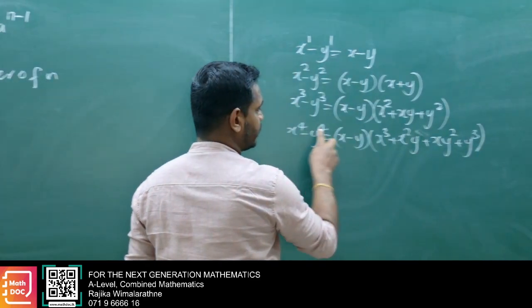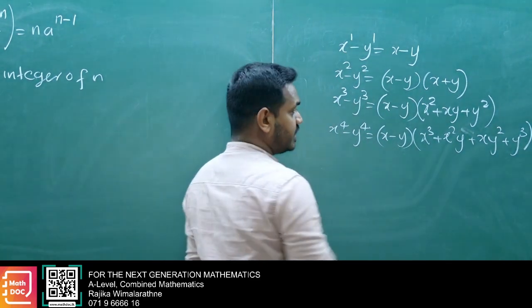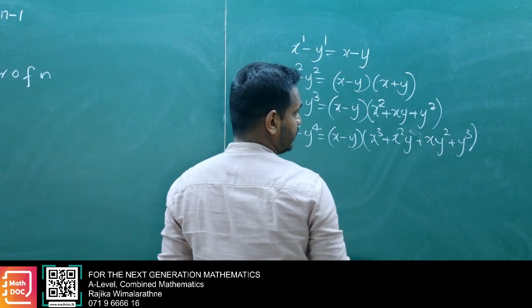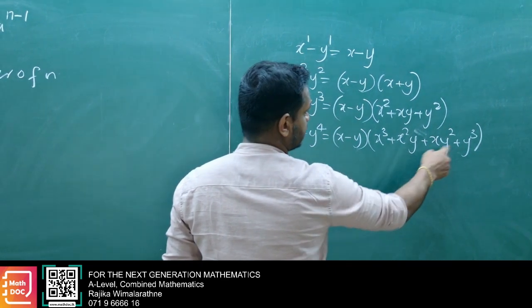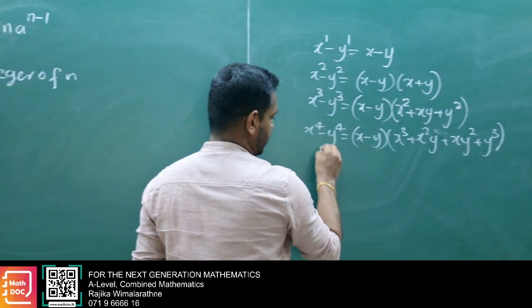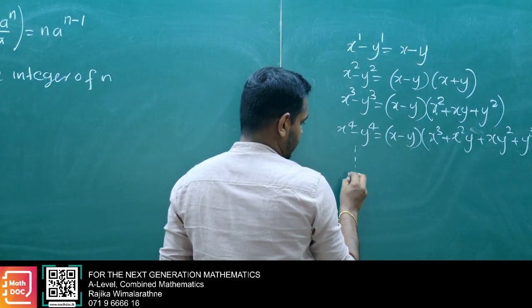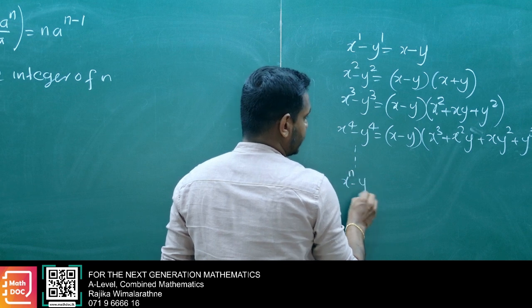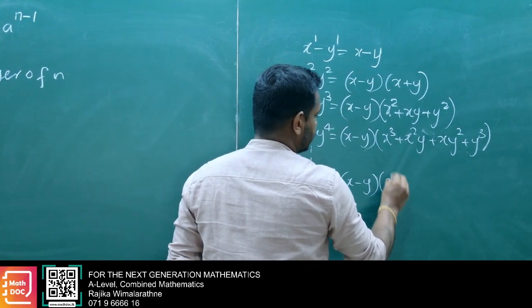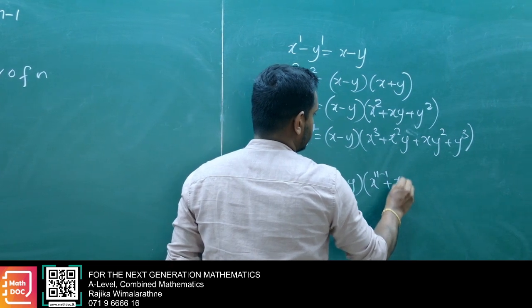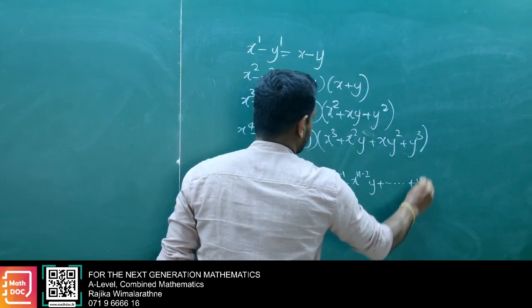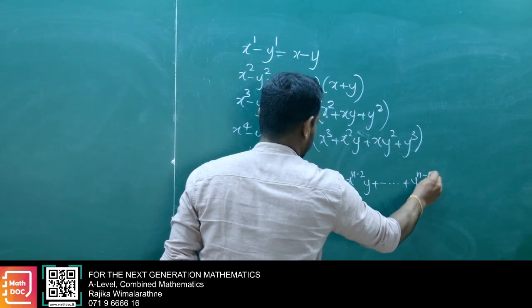See here, for power 4 we have the factor x minus y. Starting with power 3, the x power decreases and the y power increases, all are positive. Here for power 4 we have 4 terms, for power 3 we have 3 terms inside this bracket, no? Then x to the power n minus y to the power n is x minus y times x to the power n minus 1, x to the power n minus 2 y, up to y to the power n minus 1.